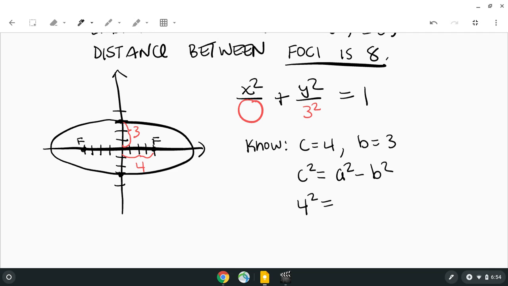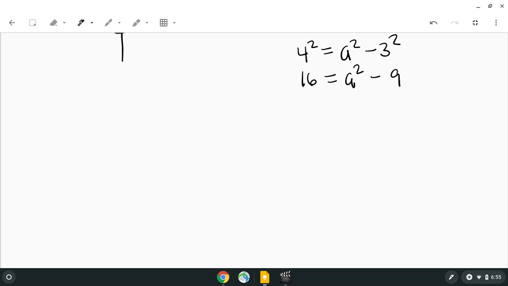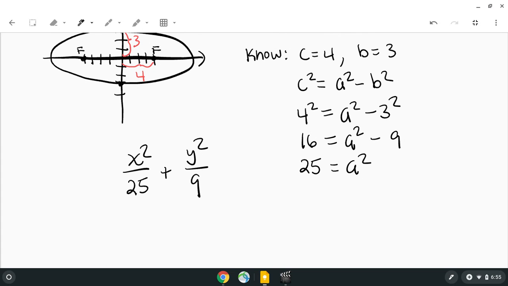So 4 squared equals a squared minus 3 squared. Here I get 16 equals a squared minus 9. Add 9 to both sides, and we get 25 equals a squared. So a squared is 25. So I get x squared over 25 plus y squared over 9 equals 1.